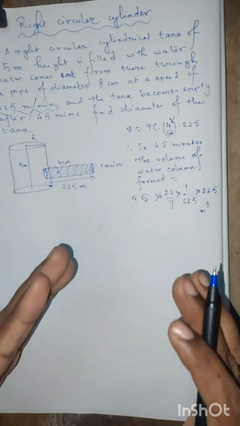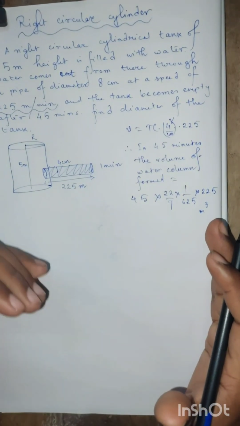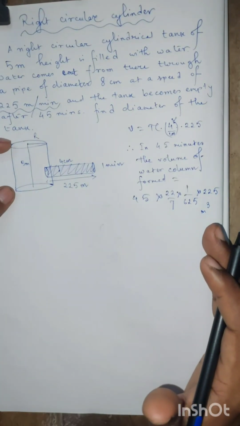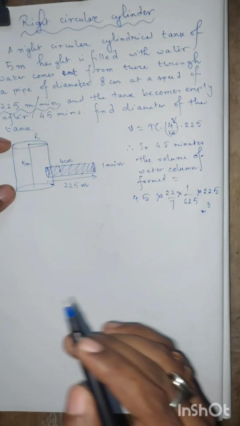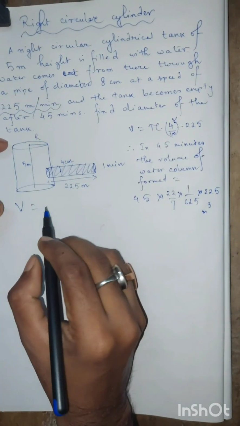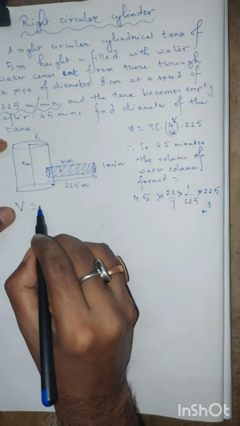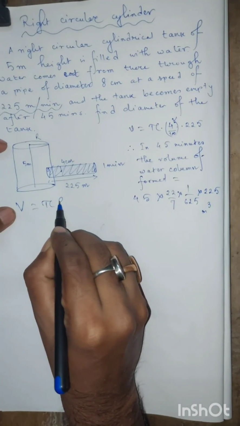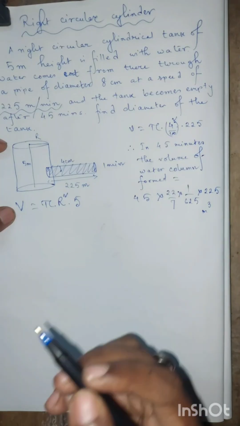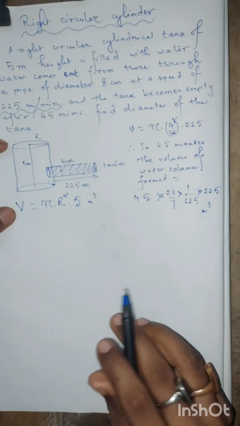And after 45 minutes, the tank is empty. That means the volume of water inside the tank, if we consider it capital V, is equal to pi into capital R square into H meter cube.